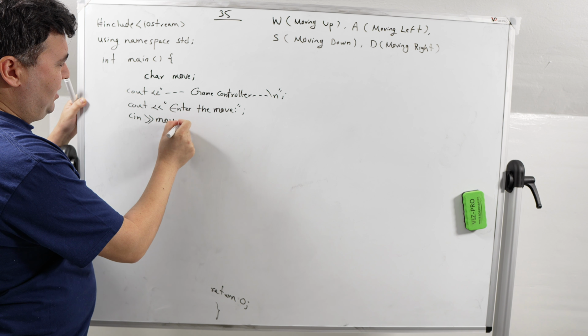And now it's time to use the switch statement. Switch (move), and now we have to check. We open the curly brace for the switch, and we close the curly brace for the switch here before return 0. So here I use the case. I say if the user enters W, case capital W colon, and case small w.